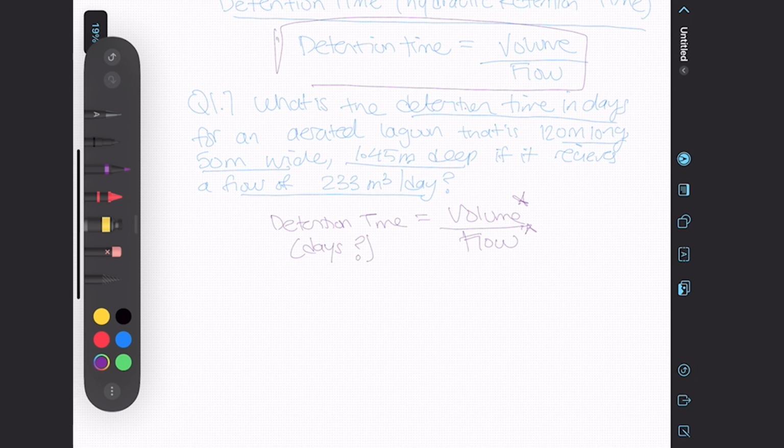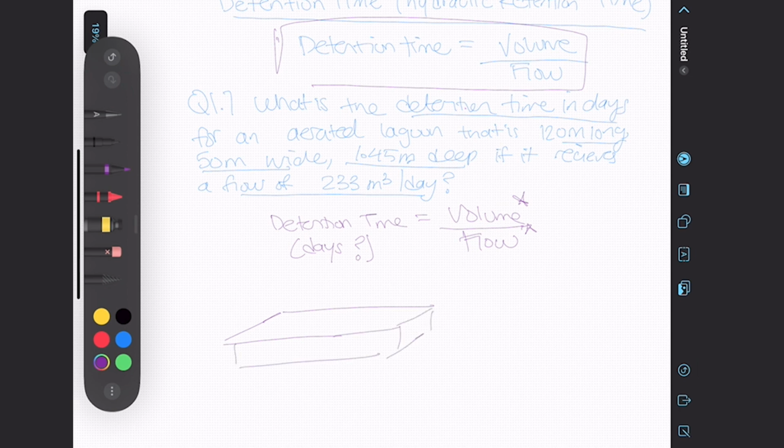As you guys know, before I start any problem, the first thing I like to do is draw out the scenario that we're dealing with and write all of the given information on the diagram, just so I have a better picture of what's going on. So I know that we have a lagoon of some sort, and let's draw that out.